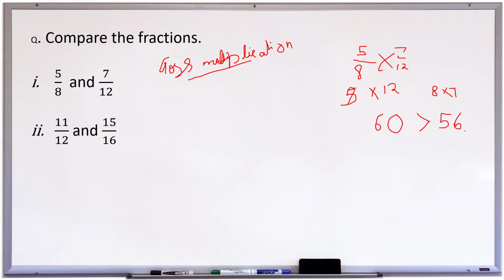अगर यहाँ पे इसका रिवर्स कर दे हम, अगर 7 इधर हो जाता है और 5 इधर हो जाता, तो ये वाला बड़ा आता, राइट? What if 56 would be greater? Okay, I'm just giving an example, I'm not saying 60 is small and 56 is greater.